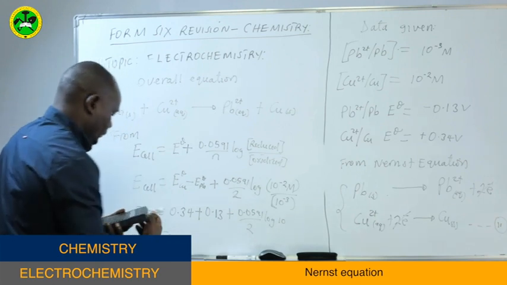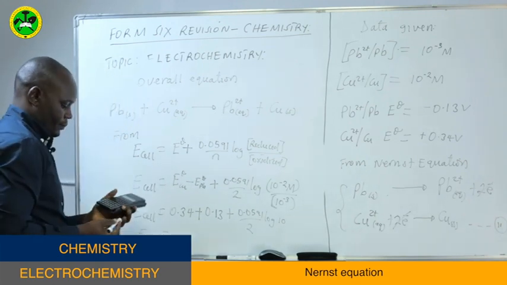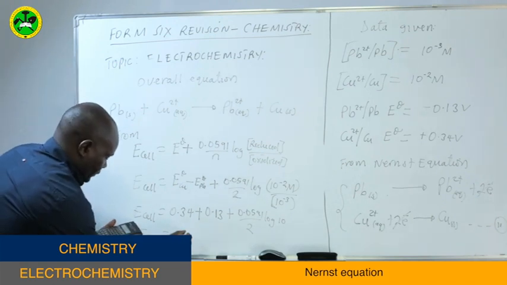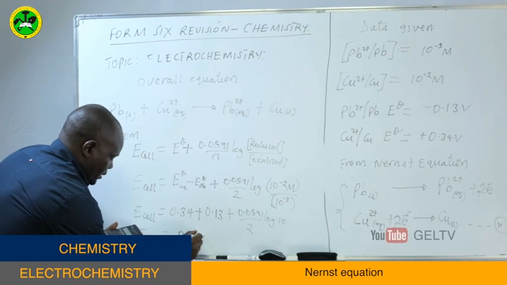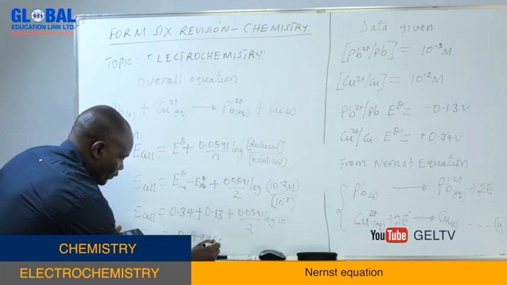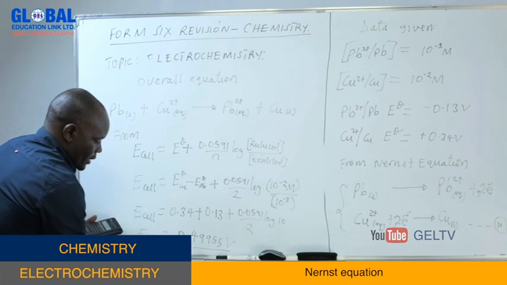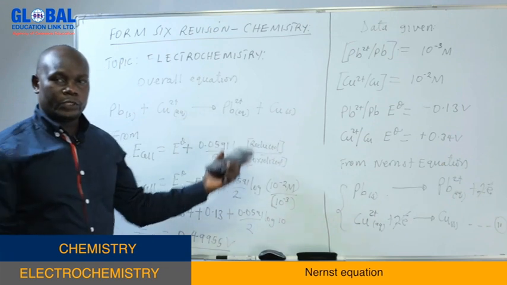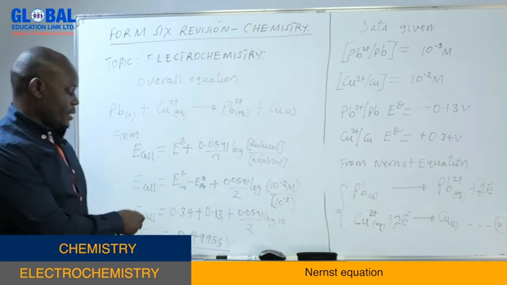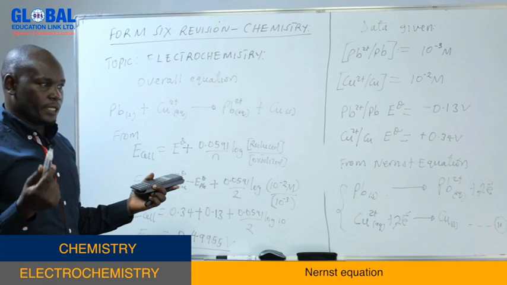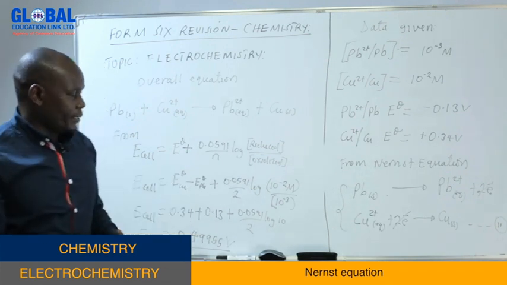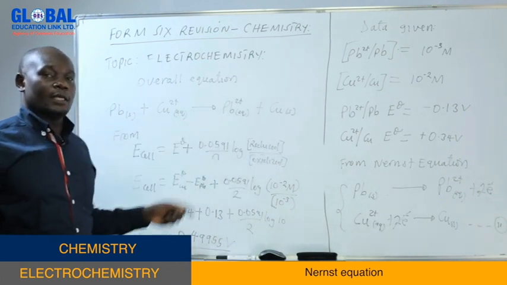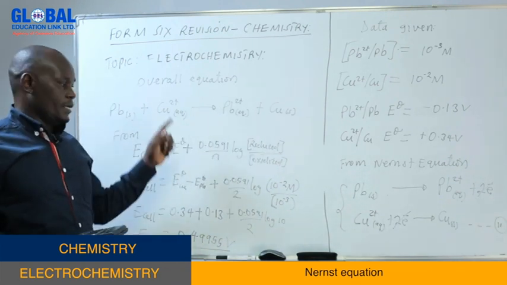The answer is 0.49955 volts. So this will be the EMF of a cell that you have been asked. So have you seen how we use the Nernst equation in determining the EMF of a cell? And the point to consider, as I have said, is to find which species is reduced and which species is oxidized. You just use their standard electrode potentials that you have been given.